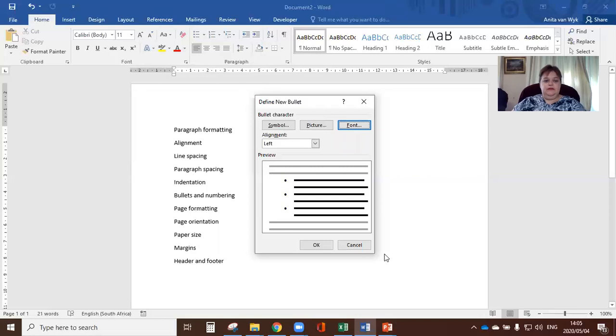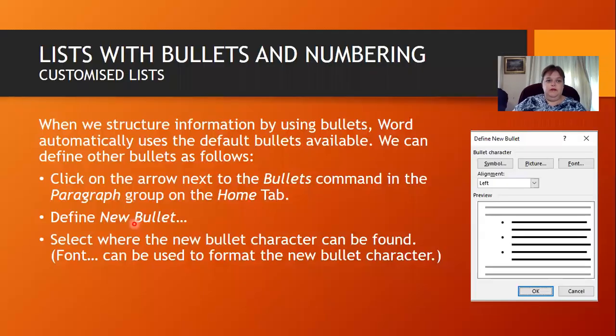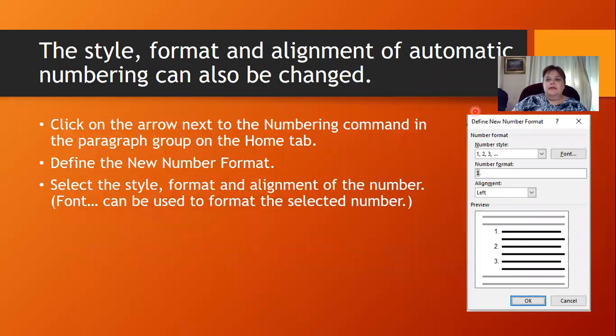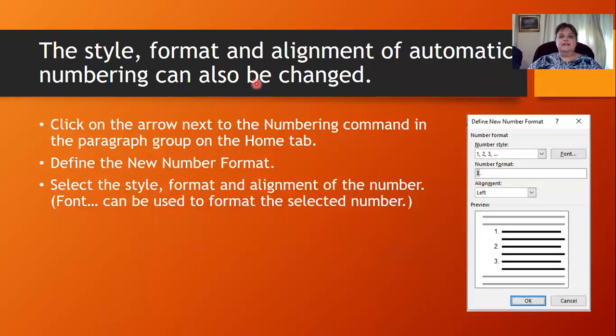Let's go back to the PowerPoint. Select where the new bullet character can be found. Font can also be used to create a new bullet character. The style, format, and alignment of automatic numbering can also be changed. Say I wanted to list the 7 steps of something.